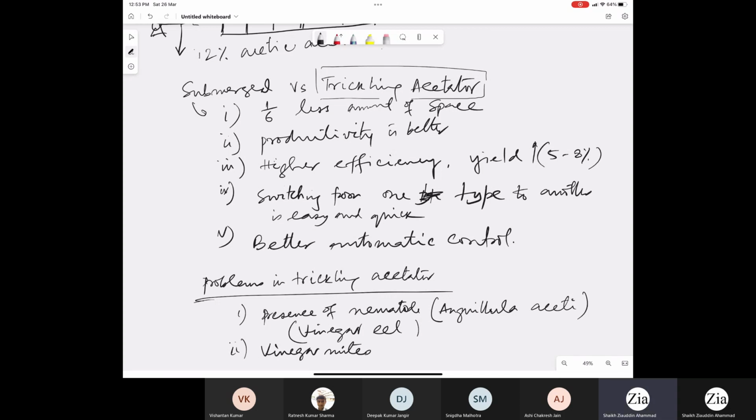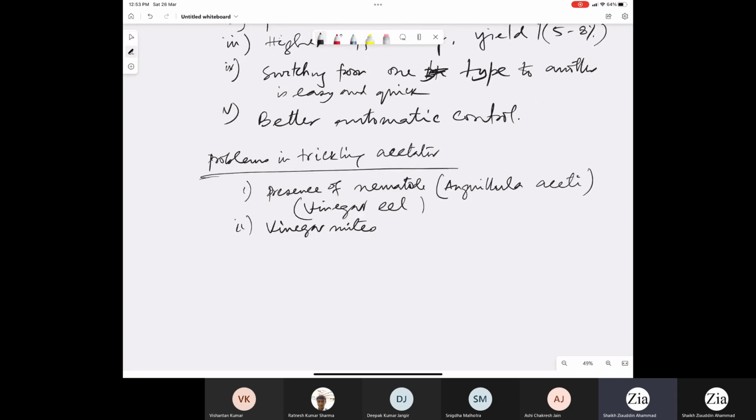And the most common thing is formation of a biofilm layer. So I mentioned whenever you have less acetic acid concentration, like less than 10%, then you will have overgrowth of Acetobacter xylinum. So it is one of the biggest problems.